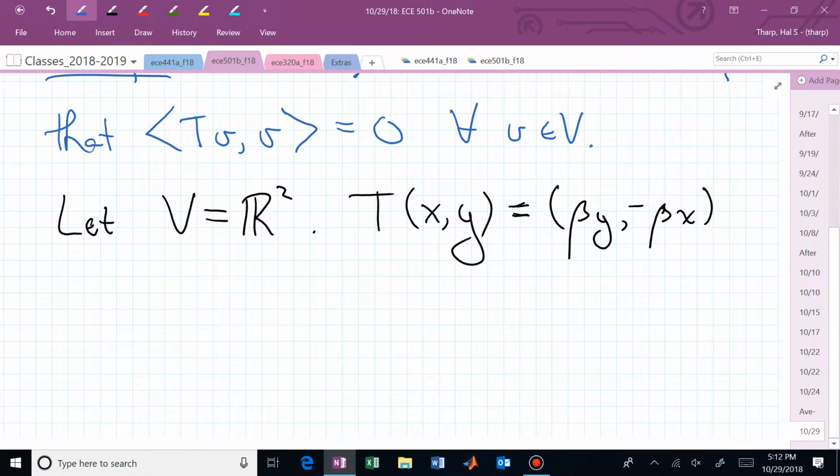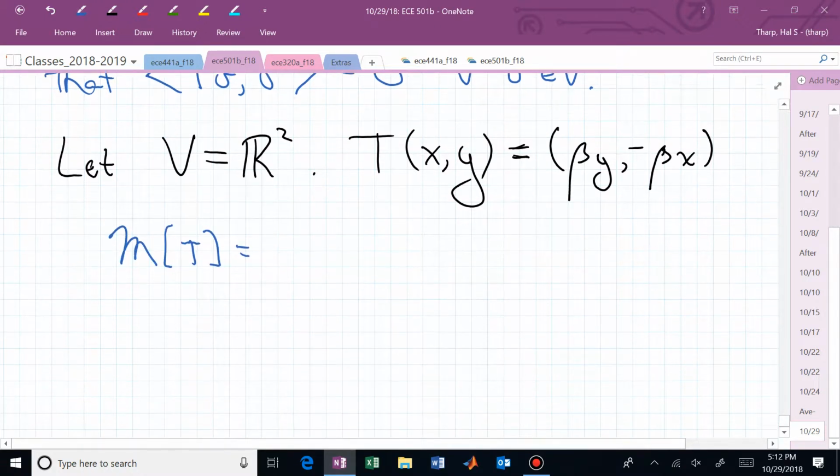What's the matrix representation of T, just so we can maybe be thinking about what's going on? Is it 0, beta and minus beta, 0? Is that self-adjoint?